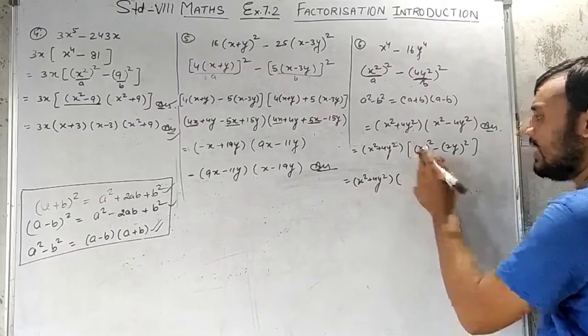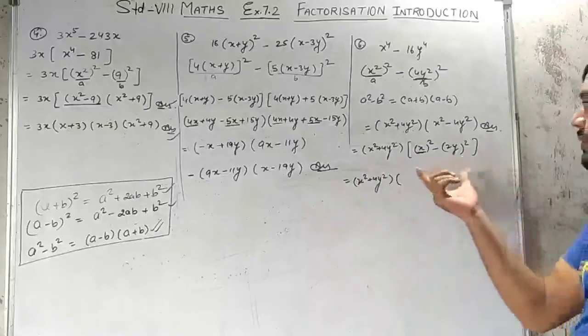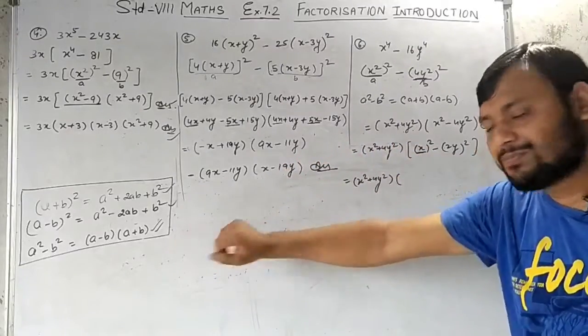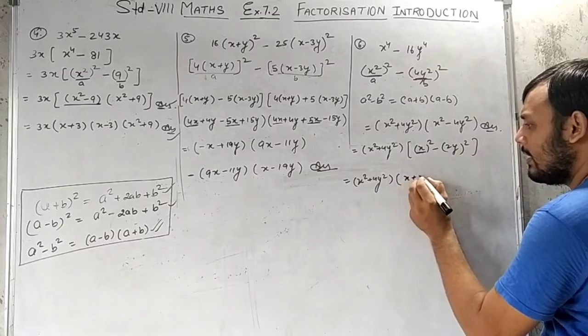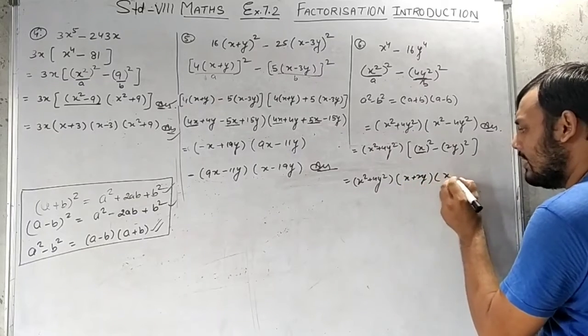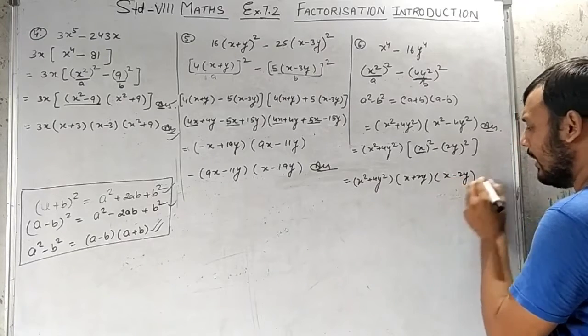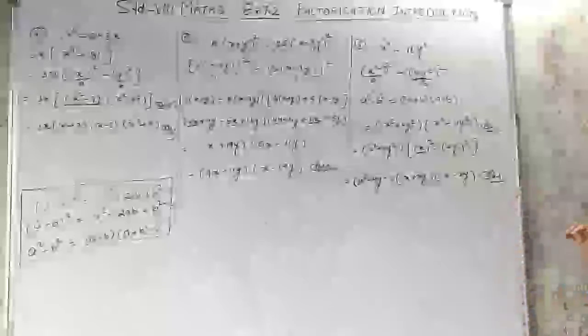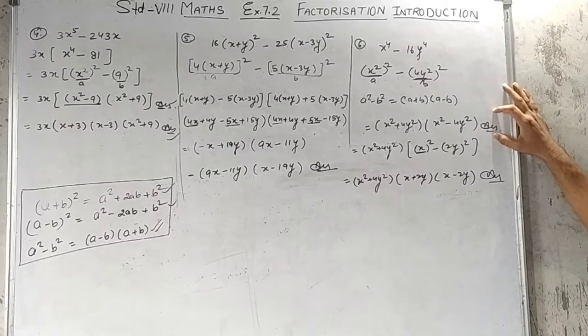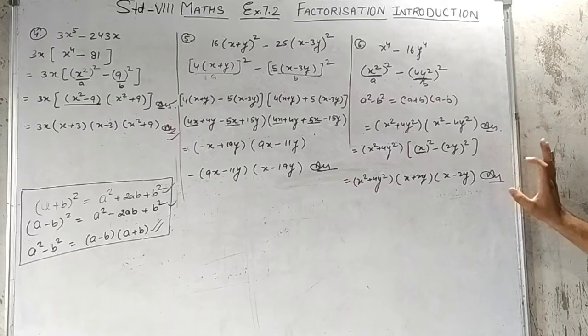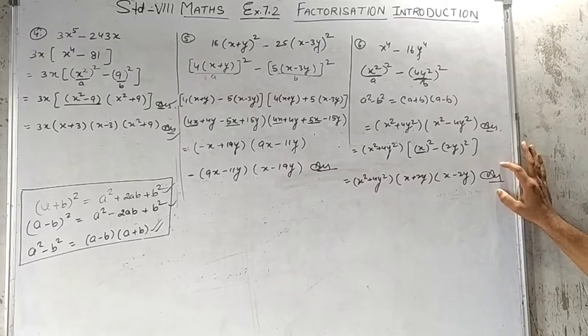In the very next bracket, again this one is the form of this identity, a square minus b square. It means a plus b, and in the very next bracket a minus b. So this one will be your fully final answer. If you are writing the earlier one, little bit, half marks will be cut, and here 0 marks will be cut.